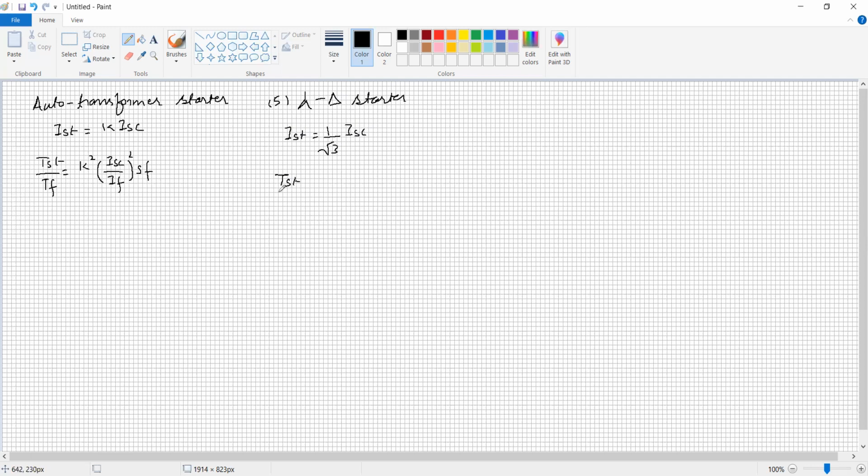So starting torque upon full load torque is equal to (1 upon root 3 into ISC) divided by the full load current of the motor, squared, into SF. Under such condition, it is 1 by 3 into ISC upon (IF)² into SF.